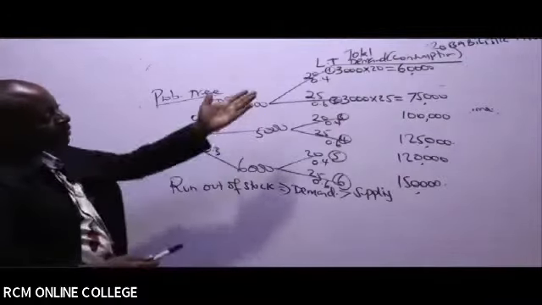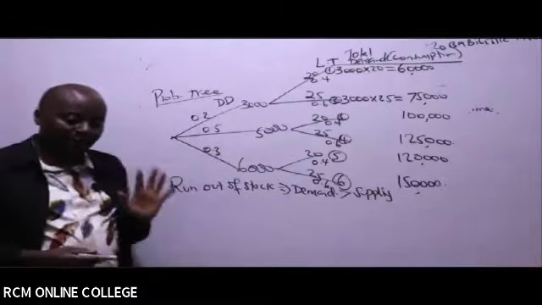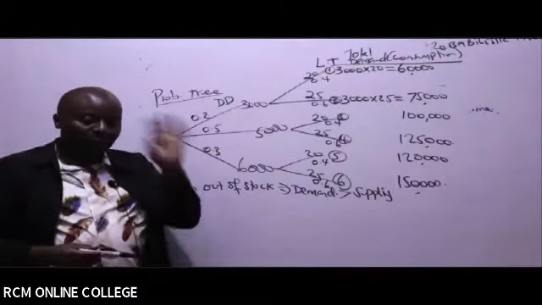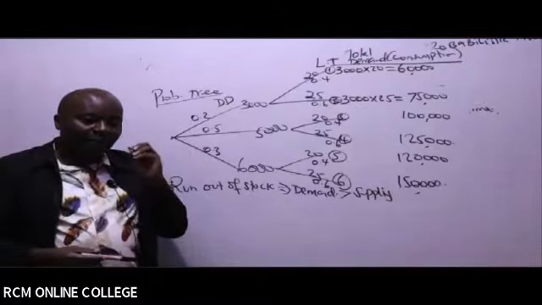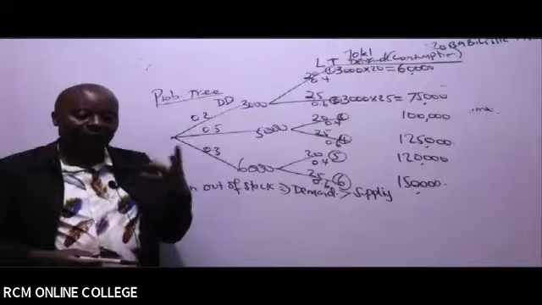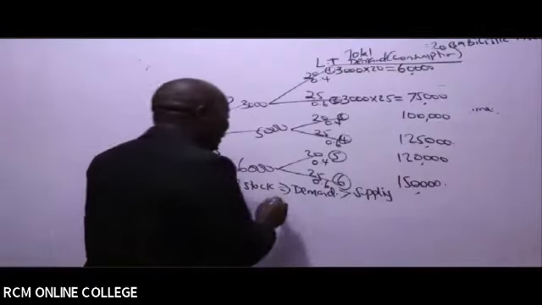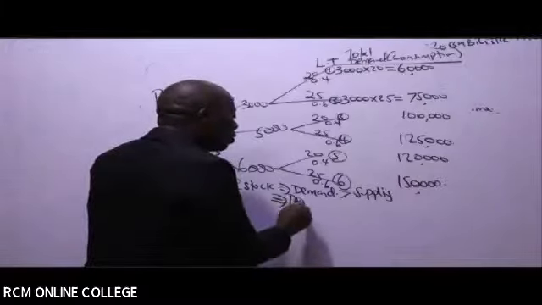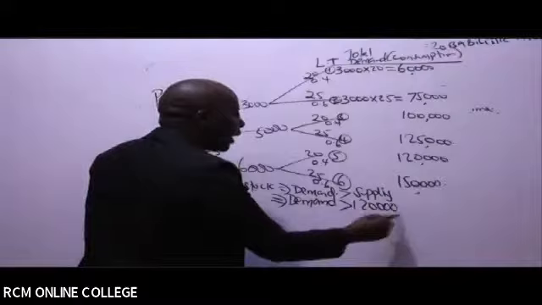So demand possibilities are there, but supply, how many units have we supplied, my good students? During this lead time, we supplied some quantity plus buffer. So in this case, we can only run out of stocks when our demand is more than 120,000.